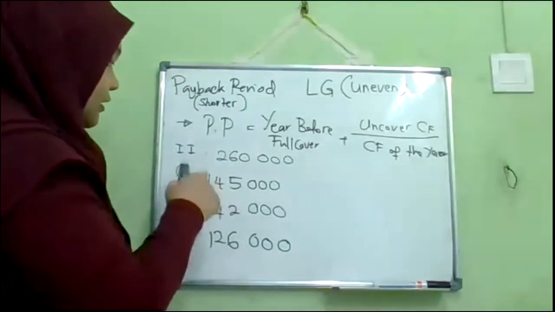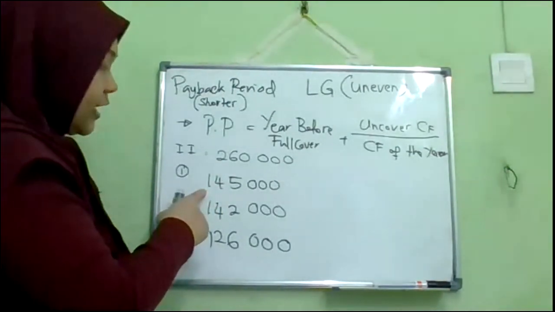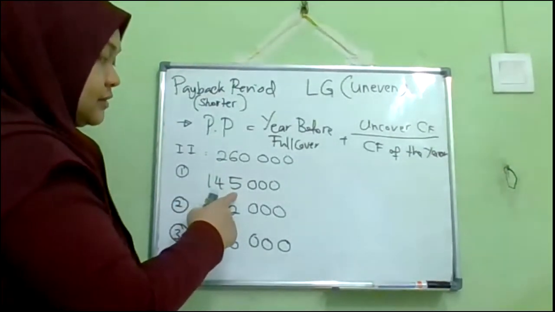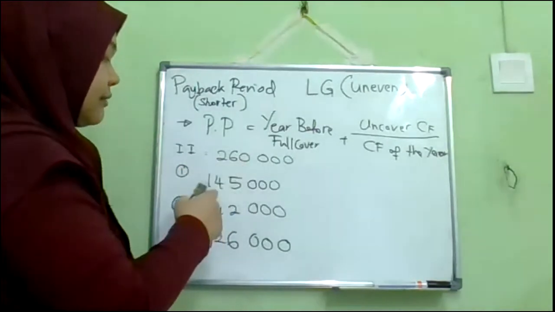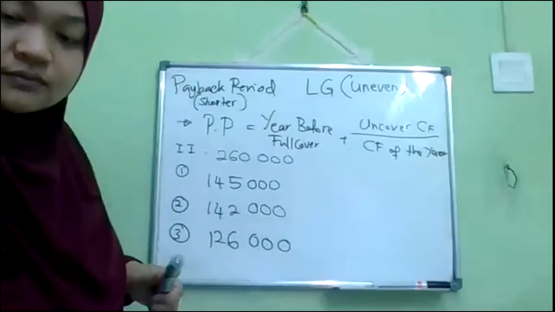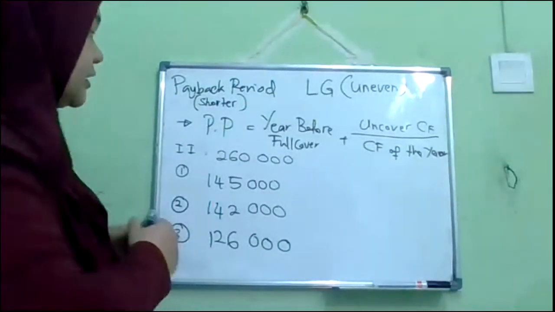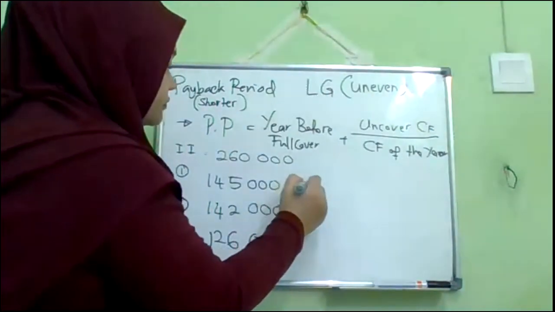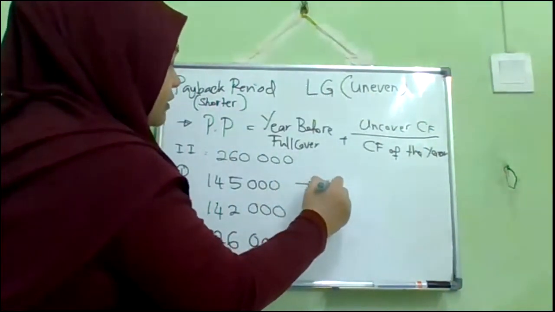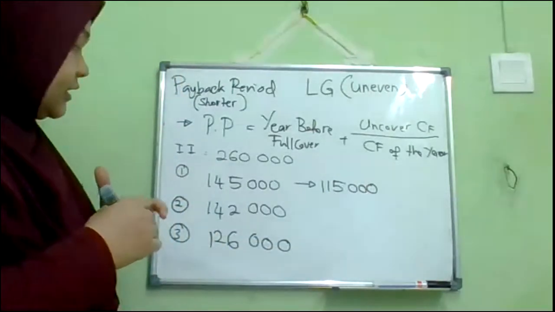So year 1, it only able to collect 145,000. So 260 minus 145. So there is another 115,000 which not being covered yet.